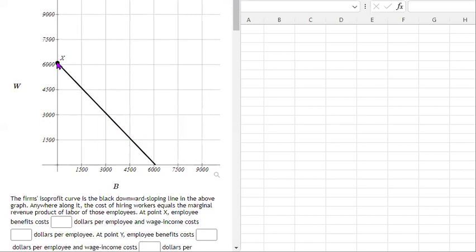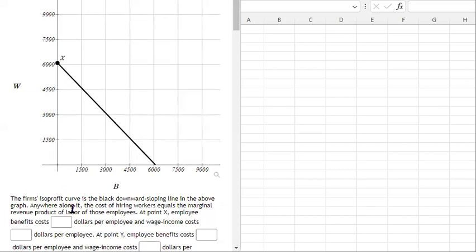And what it models is the firm is going to make the same amount of profit, whether it offers a monthly wage rate of just over $6,000 and $0 worth of benefits, or if it offers the opposite, over $6,000 in benefits and 0 monthly wage, or any combination in between on this black line. So that's the isoprofit line. Anywhere along it, the cost of hiring workers equals the marginal revenue product of labor of those employees.